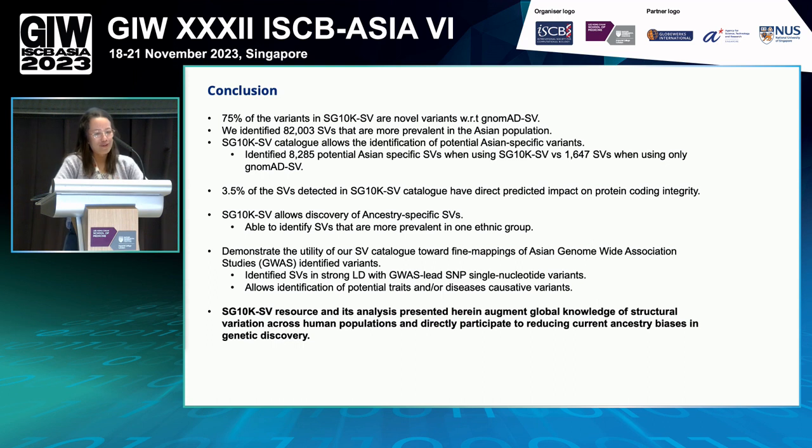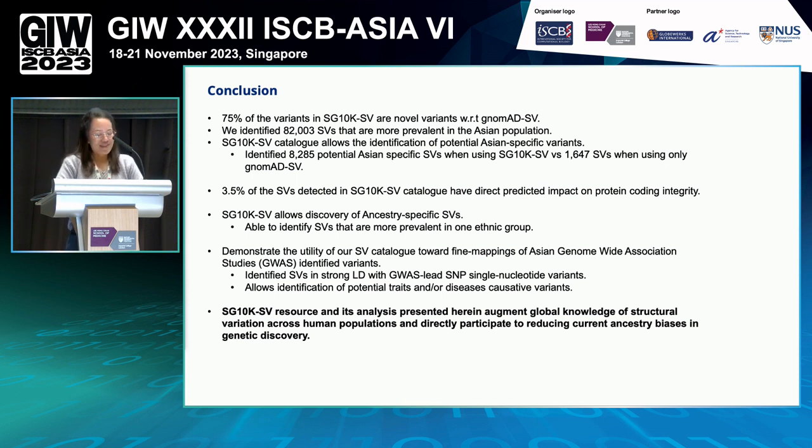All in all, we show that the SG10K-SV dataset contains 75% novel variants, and we are able to identify Asian-specific variations. We demonstrate the use of SG10K-SV to identify ethnic-specific structural variations, and we also show how you can use the SG10K-SV catalog to map Asian GWAS catalogs.